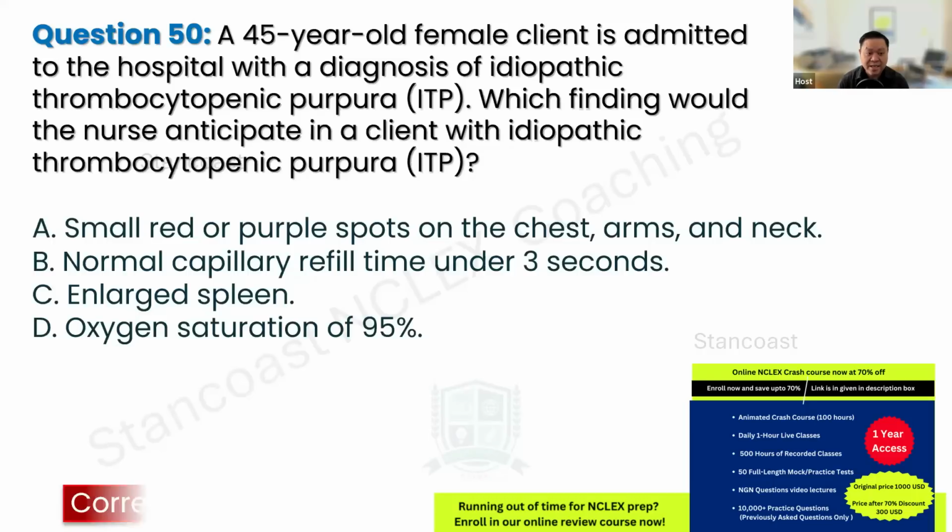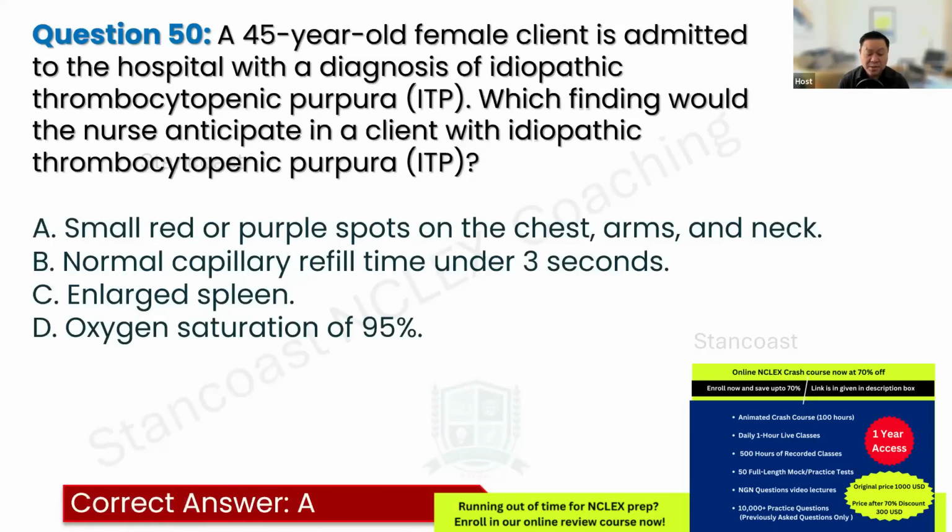The answer here is letter A. Those petechiae, or what we call small red or purple spots, are common in ITP due to bleeding of the tiny blood vessels near the skin surface. Letter B is incorrect because capillary refill under 3 seconds is a normal finding and it doesn't indicate ITP.